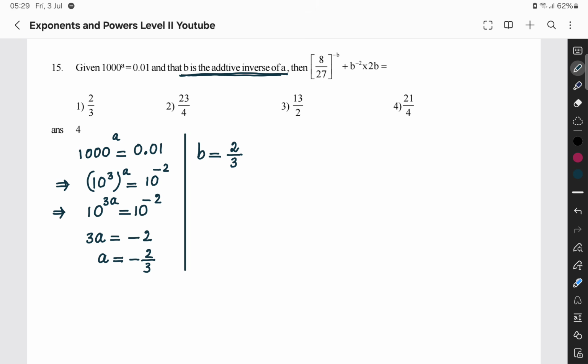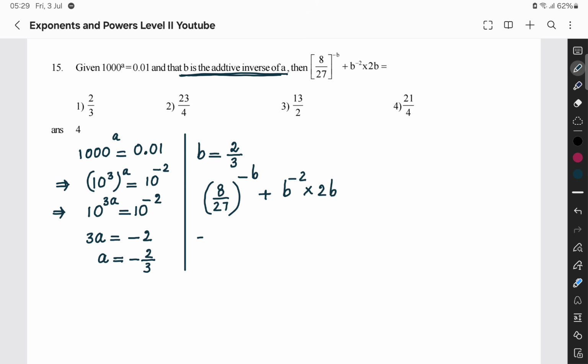Now what you are supposed to find? 8 by 27 whole to the power of minus b plus b power minus 2 into 2b.